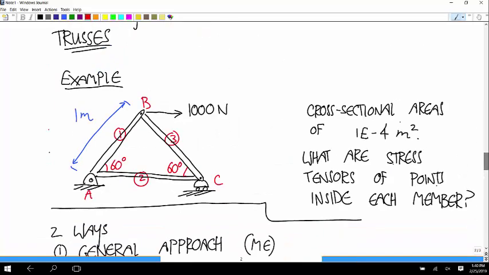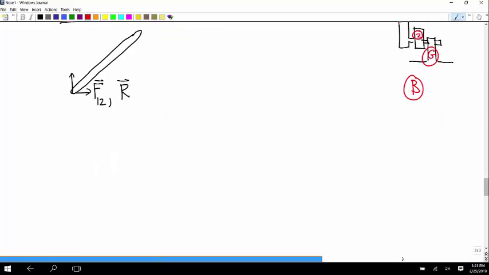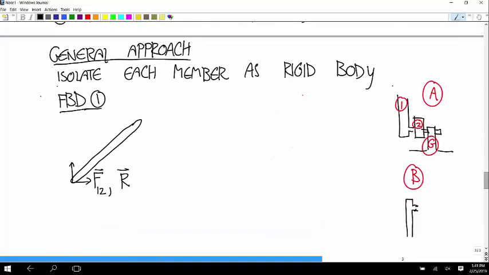And now at the other side, at joint B, one is the lowest numbered member of that joint, so we're going to assume that the pin at B is part of member one. So again, we have member one connected to the pin, and then we have member three not connected to the pin.